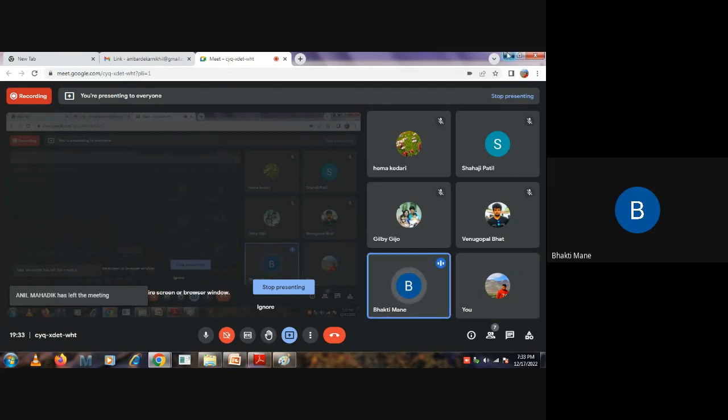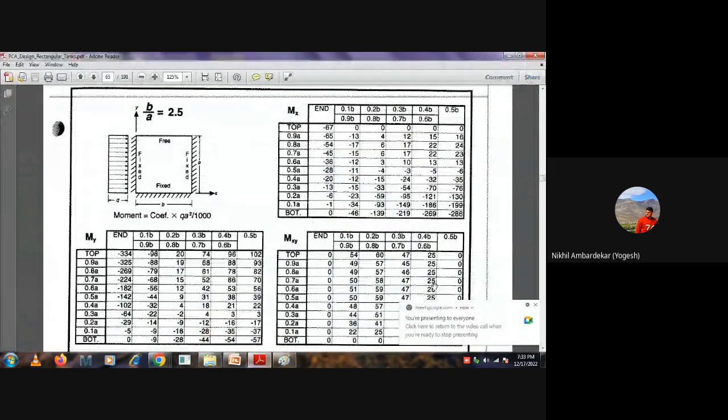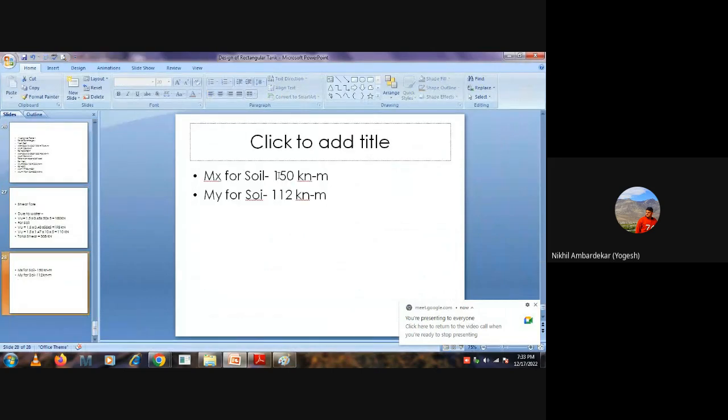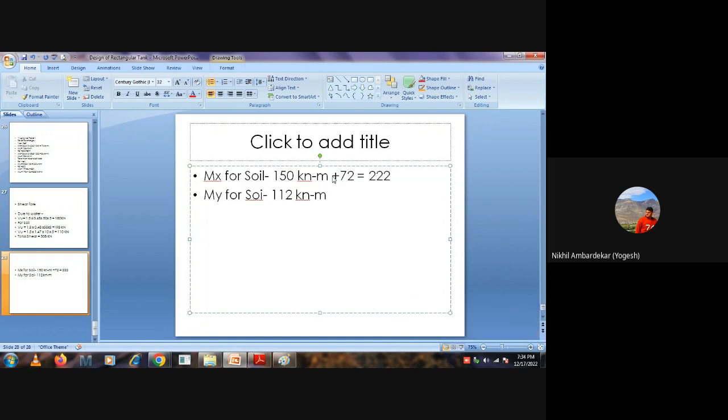71.5. Correct. So let's assume 72. So what I need to do, I will go back to my earlier calculations. I need to add this 72. So what is the final moment? 150 plus 72. Got it?